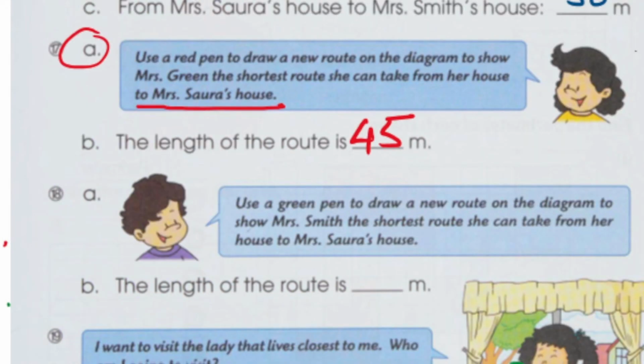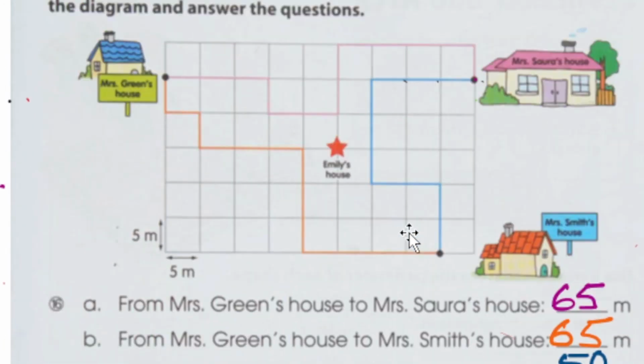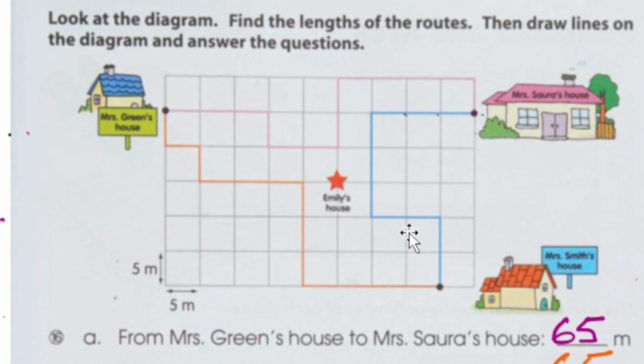Well, next question is use a green pen to draw a new route on the diagram to show Mrs. Smith the shortest route she can take from her house to Mrs. Sora's house. So this is Mrs. Smith's house. So from here to Mrs. Sora's house, the shortest distance.